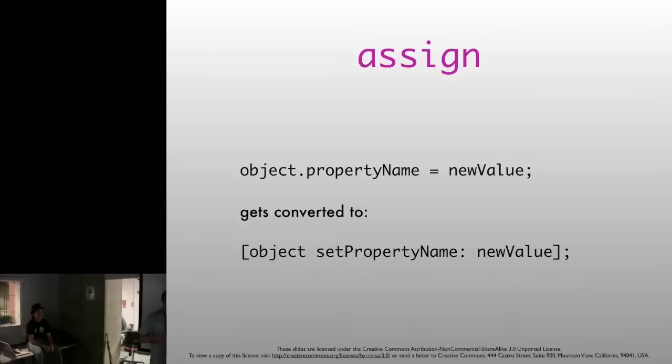And when we do .property_name equals a value, under the hood this gets converted to object setPropertyName, which is a message that all objects have, with the new value. Does that make sense? Object.property equals value is converted under the hood to object setPropertyName with that value.